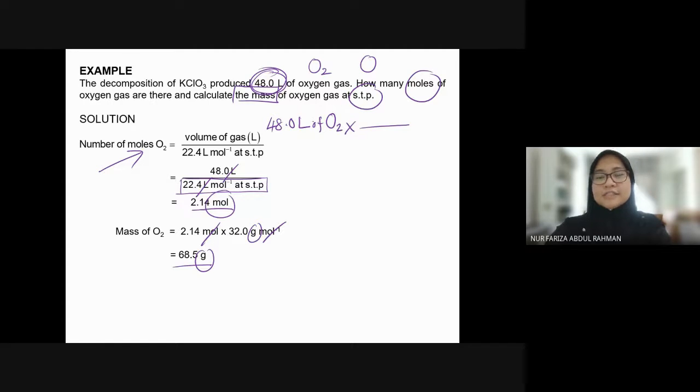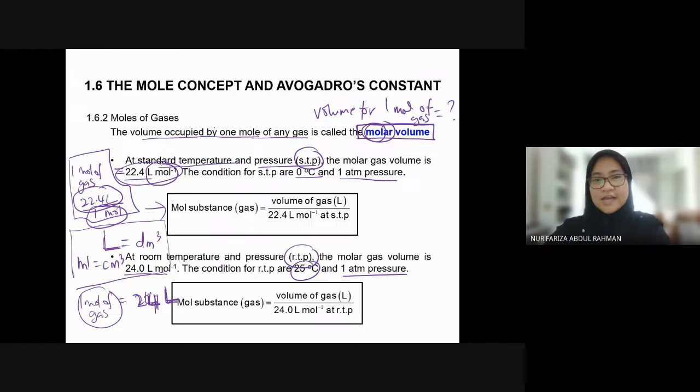The conversion factor will be based on the unit here. So we have liter of oxygen there, so it should be liter of oxygen. The relationship that we have just now: at STP, 1 mole of gas is equal to 22.4 liter of gas.